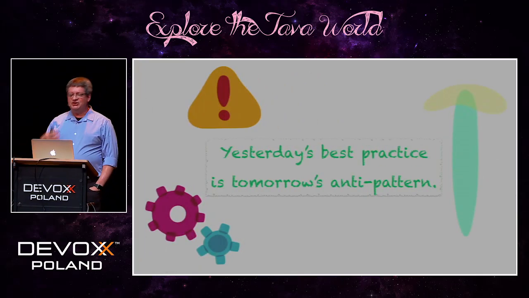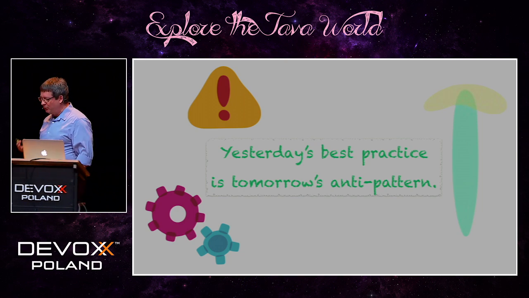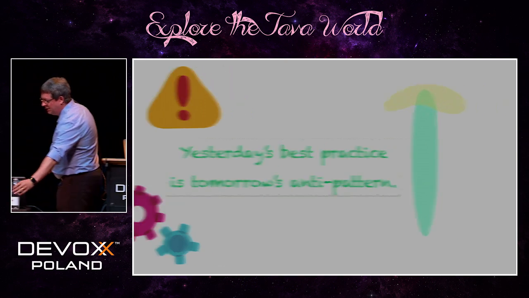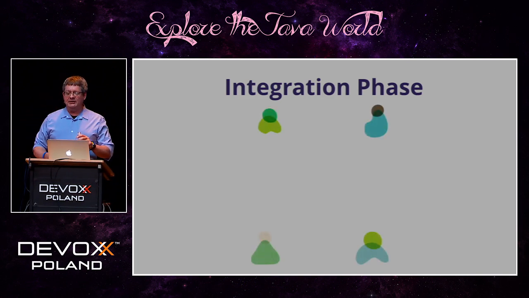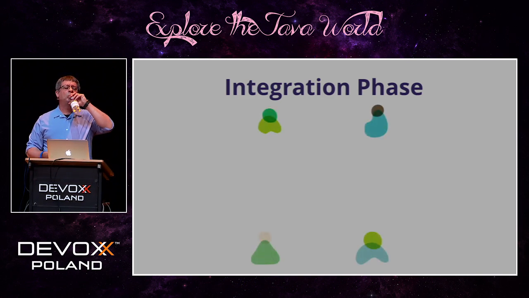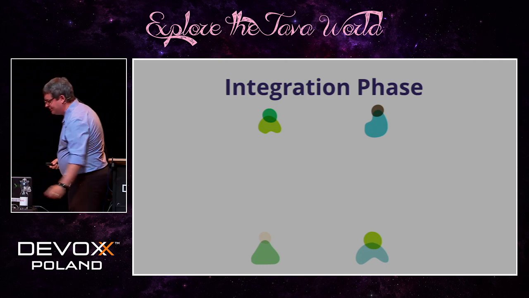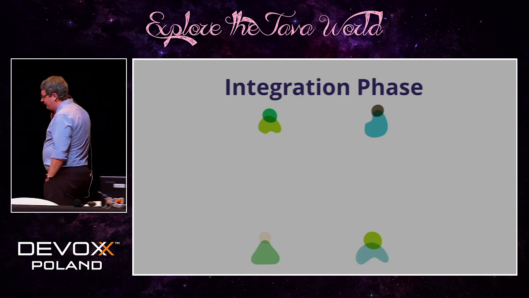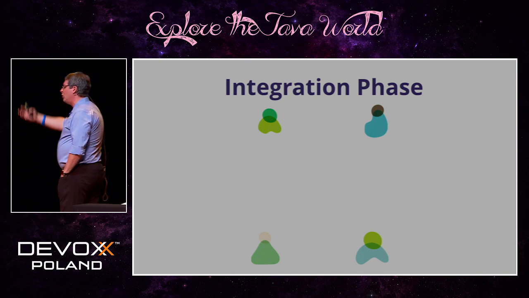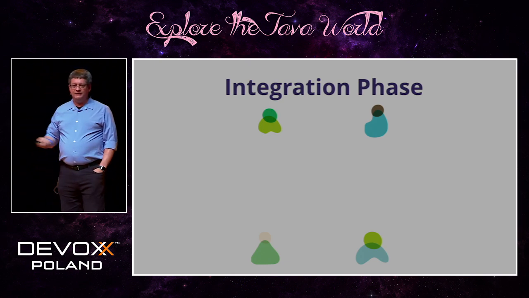So you see this yesterday's best practice becoming tomorrow's anti-pattern in the way that people use tools as well. And a really famous case of this happened back in the early 1990s. It was a really common practice in the 70s and 80s that projects would have developers work in isolation for long periods of time, and at the very end of the project, there'd be an integration phase.